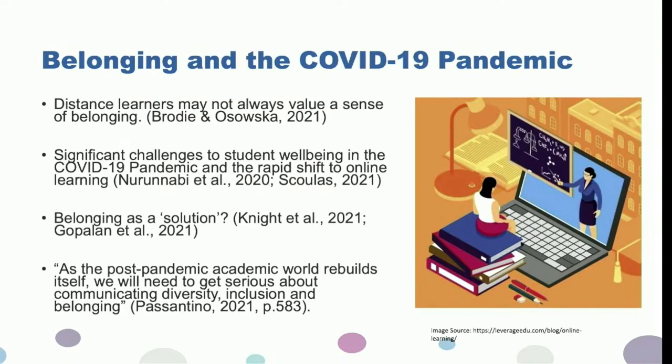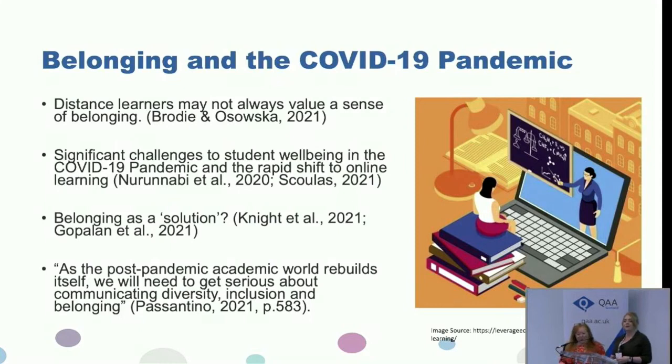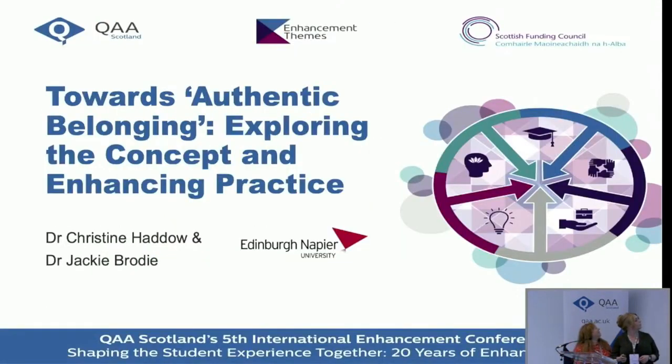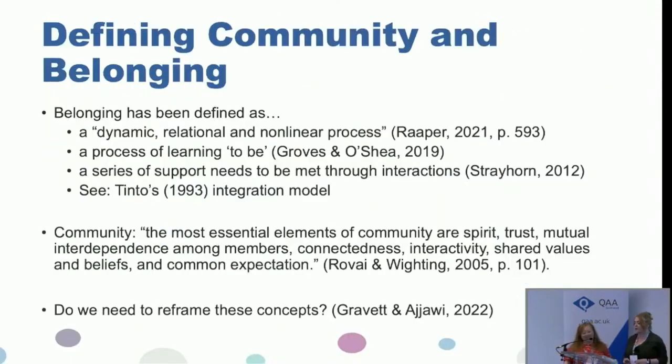So to provide a very brief overview of some of the existing literature, and I feel like that job has been done for me a little bit by our previous presenter as well, belonging in higher education has been defined in a number of ways and been seen to have a number of key features. It's been understood as a dynamic process that's focused on relationships. It's been understood as something that's linked to identity, a constantly evolving process that our students find themselves in.